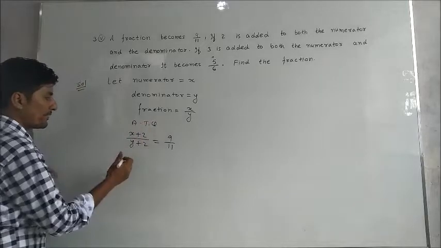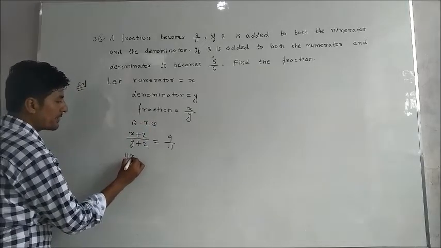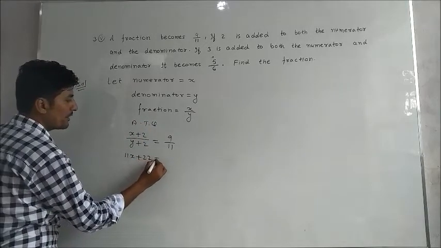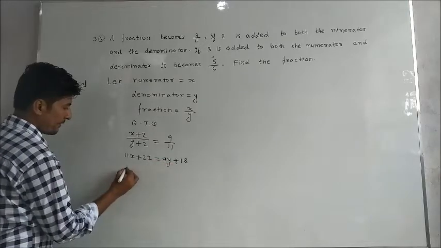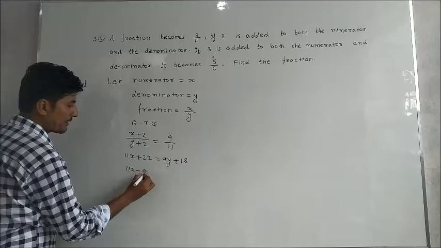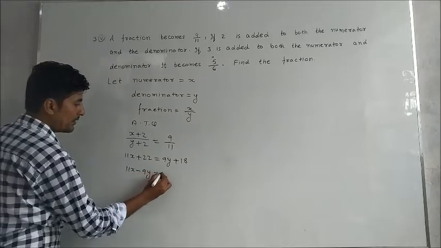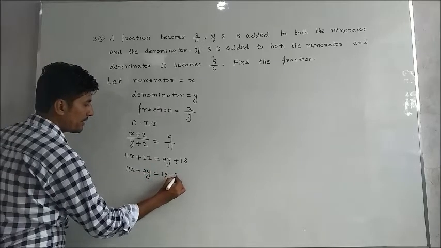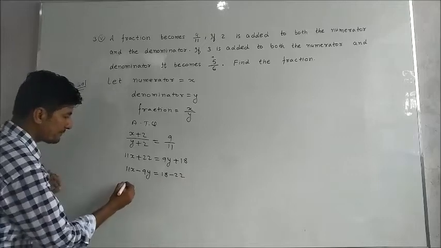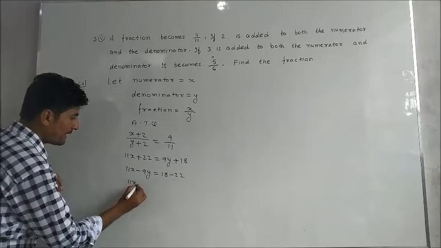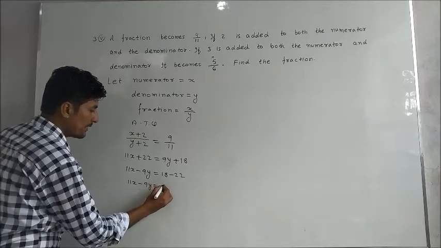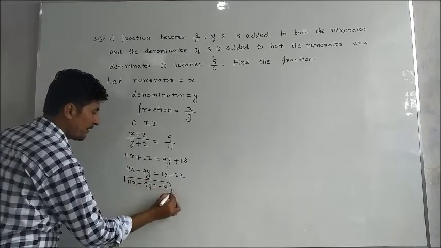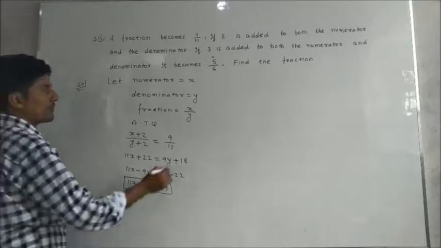Now we have to evaluate this one. We can write this 11x plus 22 equals to 9y plus 18. 11x minus 9y equals to 18 minus 22. 11x minus 9y equals to minus 4. So this is our very first equation.